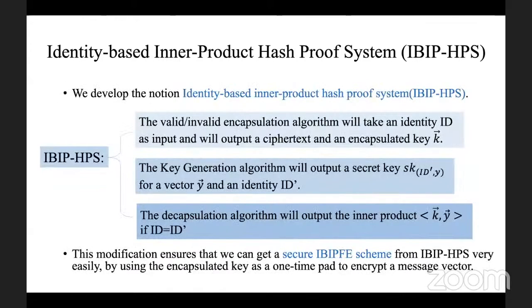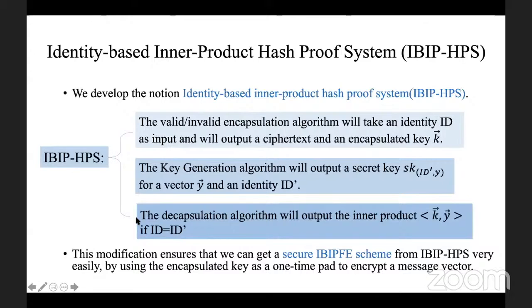So here we developed the notion of identity-based inner product hash-proof system. In an IBIP-HPS scheme, the valid or invalid encapsulation algorithm will take an identity ID as input and will output the ciphertext and an encapsulated key. The key generation algorithm will output a secret key for a vector Y and an identity ID prime.